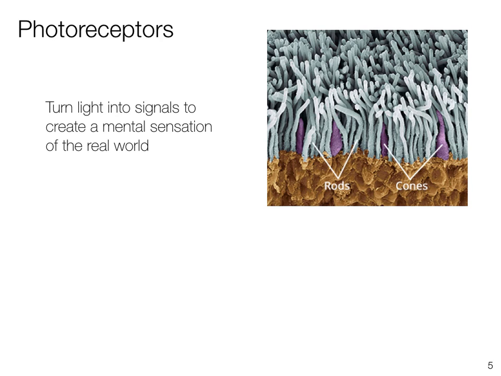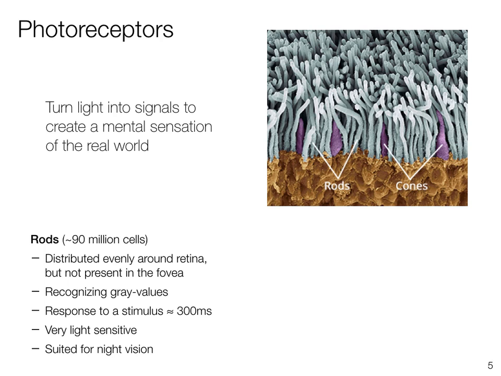And there are two types of photoreceptors. On the one hand, we have the rods, which are much more numerous. They are distributed around the retina. Actually, not so much in the fovea, so not so much in the focus area. They are only able to recognize gray values or brightness, let's say.